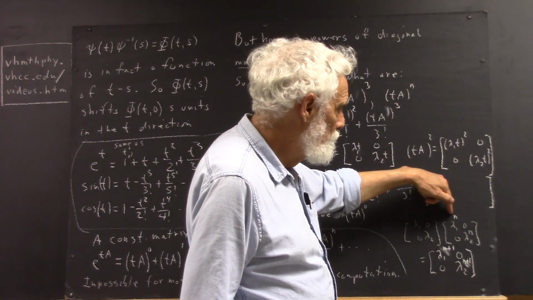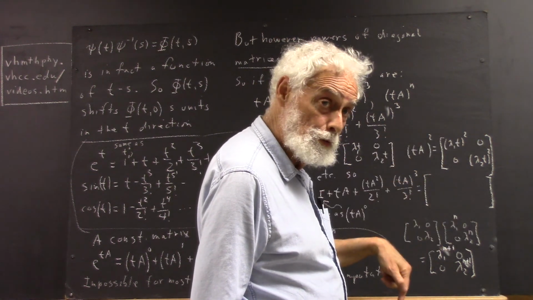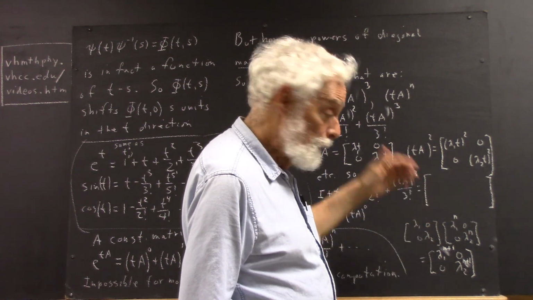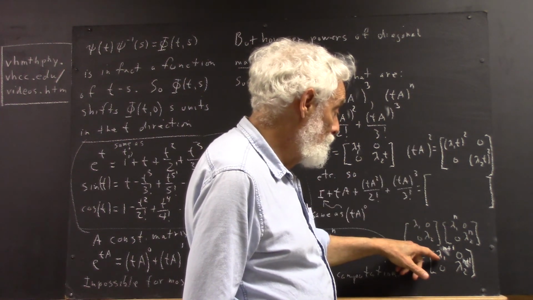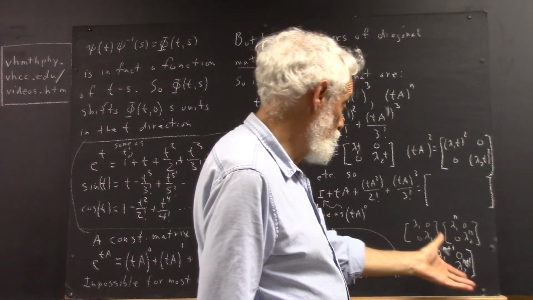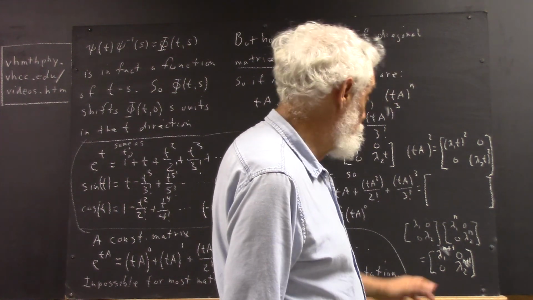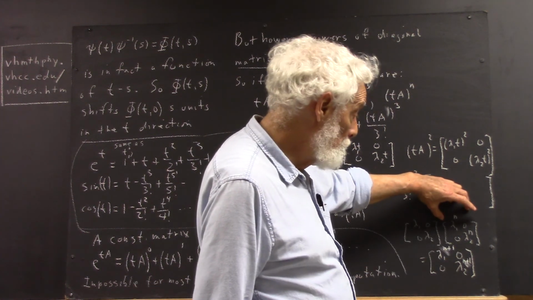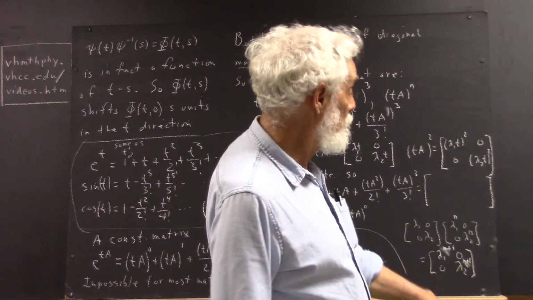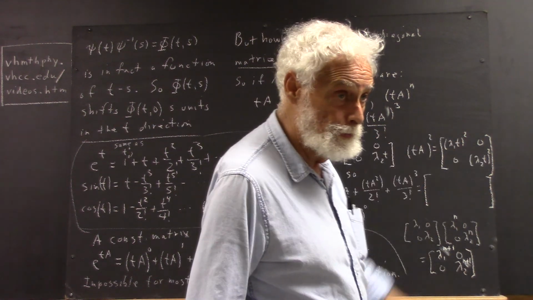The cube would be lambda 1 cubed and lambda 2 cubed, and you multiply that by the lambda 1, lambda 2 diagonal matrix, and you get lambda 1 to the 3 plus 1, lambda 2 to the 3 plus 1, lambda 1 and lambda 2 to the 4th. So if it's true for the 4th power, you put the 4th power in here and you find it's true for the 5th power. If it's true for the 5th power, you put it in here and you find it's true for the 6th power.